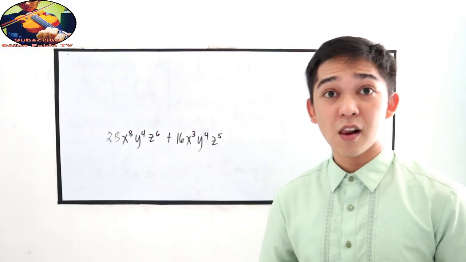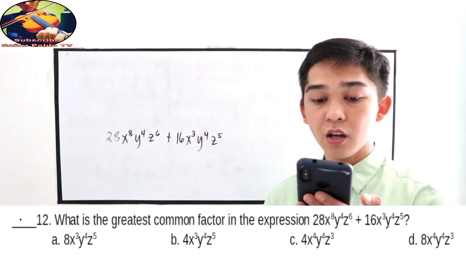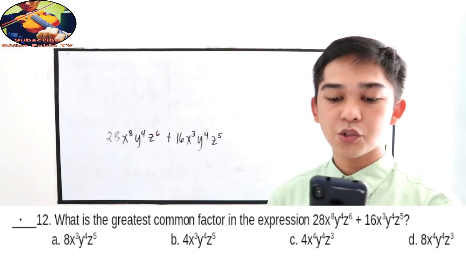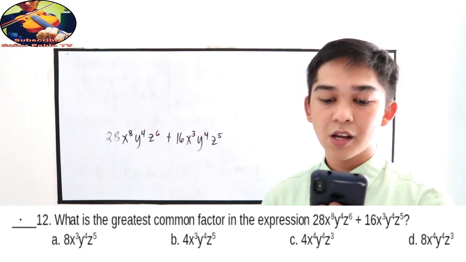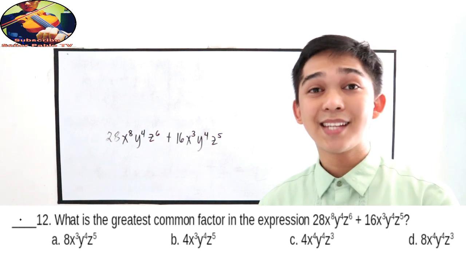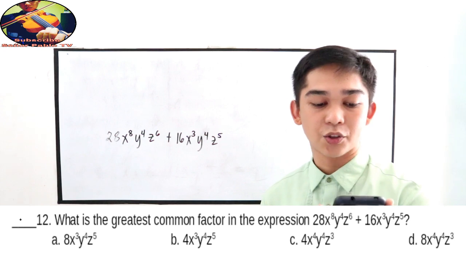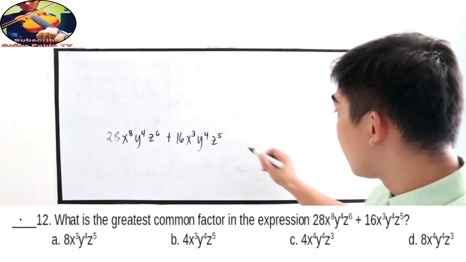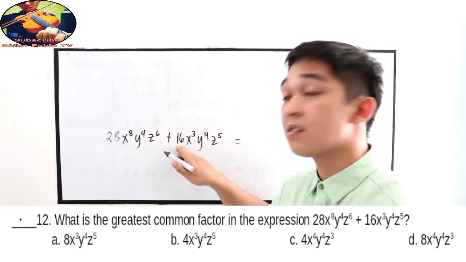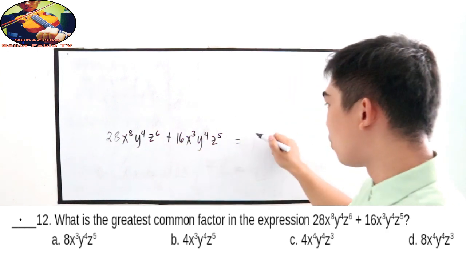Now let's have number 12. What is the greatest common factor in the expression 28x raised to 8, y raised to 4, z raised to 6, plus 16x cubed, y raised to 4, z raised to 5. So, kunin natin yung common monomial factor, or greatest common factor. Start tayo sa numerical coefficient. 28 and 16. So, ang GCF nila ay 4.